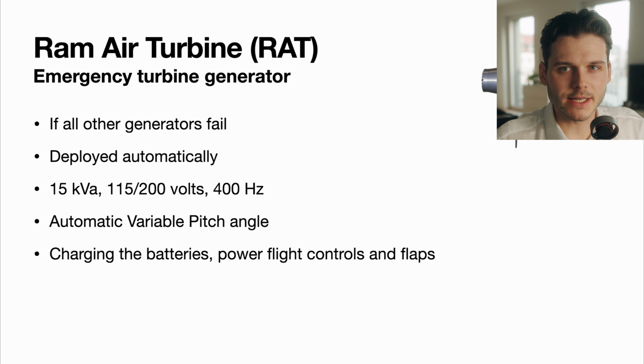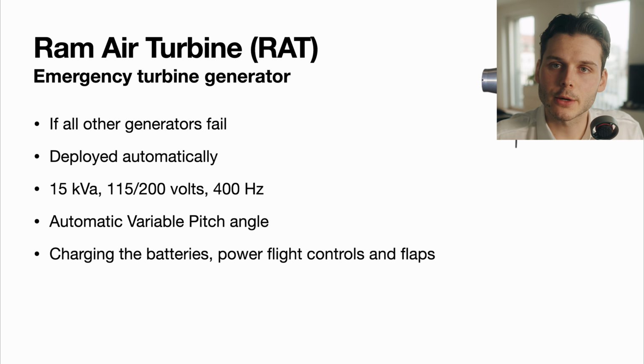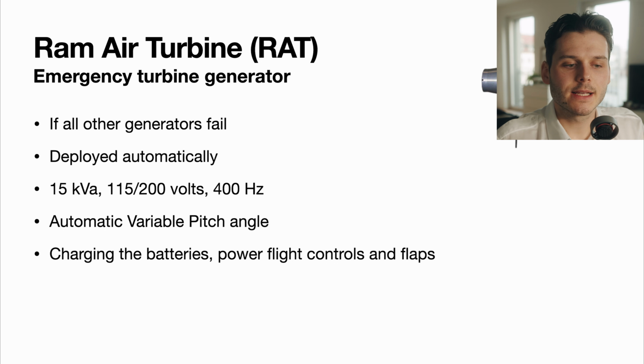And as airspeed decreases, we have fewer kilovolt amps supplied by the RAT, and that means that load shedding will be automatically applied by the aircraft. Load shedding means that some electrical systems that are not required for the job at the moment will be switched off.